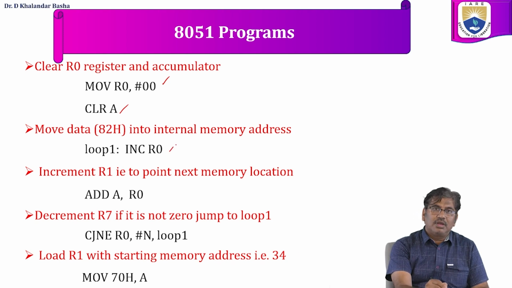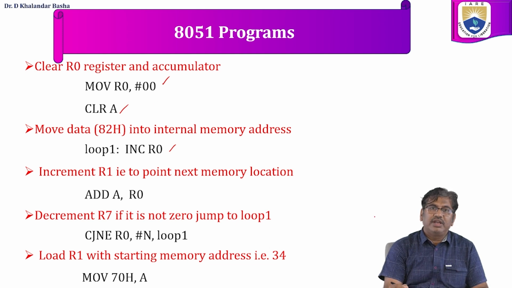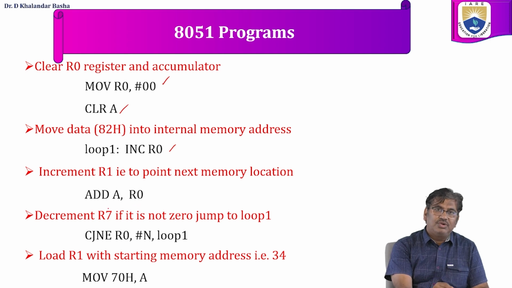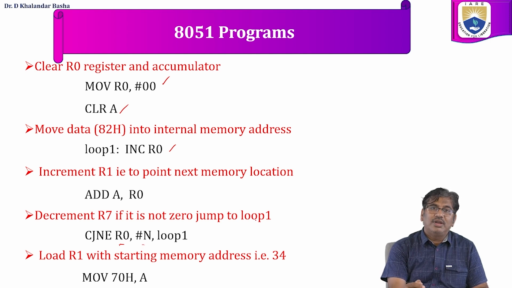Next, R0 will be incremented. Because R0 is 00, after incrementing it becomes 1. Now this R0 is added to the accumulator. Then R0 will be compared with n, where n indicates up to what value we are going to add.